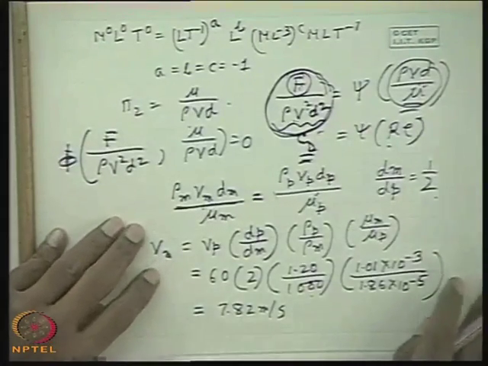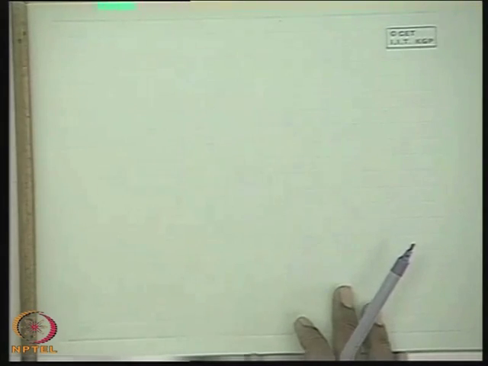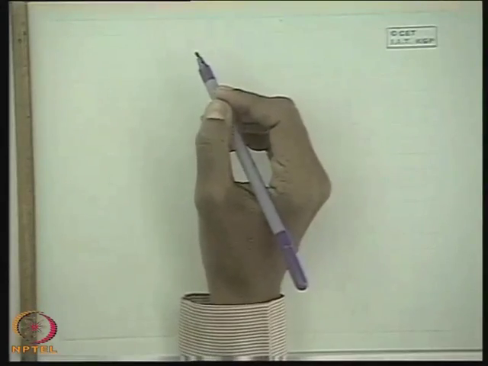Now I come to another very interesting situation, that if two variables in a problem are same in dimension, that means two length scales or two velocities, then their ratio will automatically be a pi term.